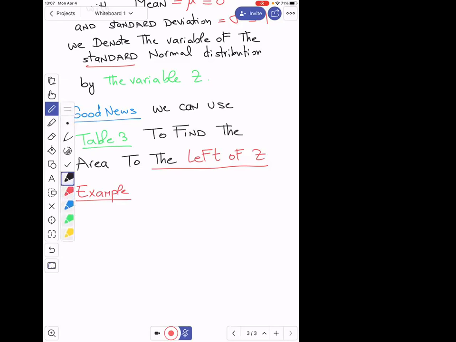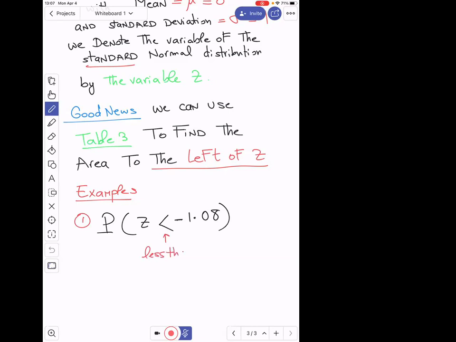So for example 1, let's say you want to find the probability that Z is less than, let's say, negative 1.8. So this is less than, right? Less than, that's the area to the left.